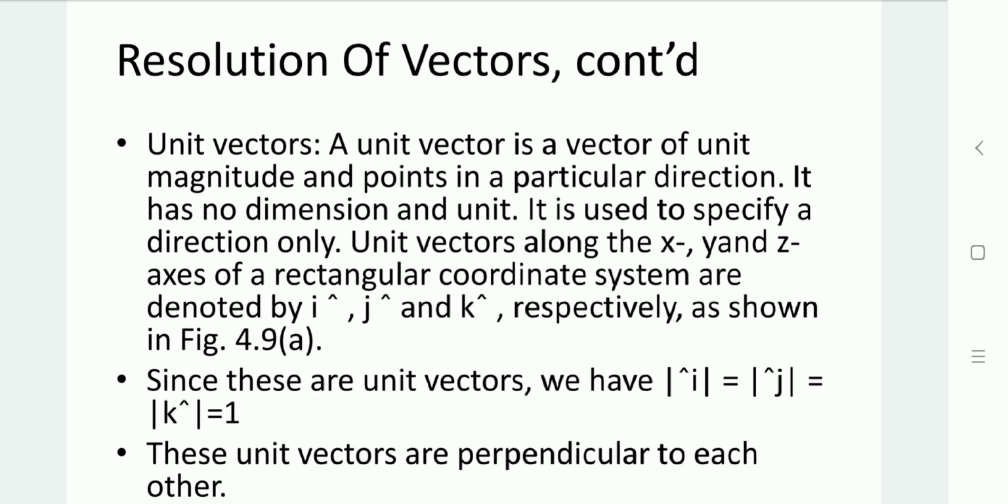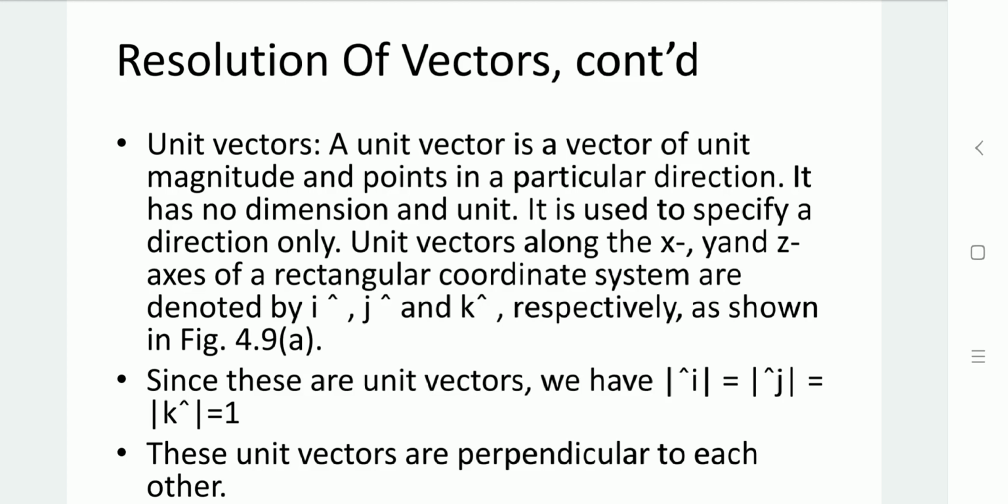Vectors along the x, y and z axes of a rectangular coordinate system are defined as i, j and k. These i, j, k vectors are unit vectors. If we take their absolute value, their magnitude, then the magnitude is unity, it's 1.